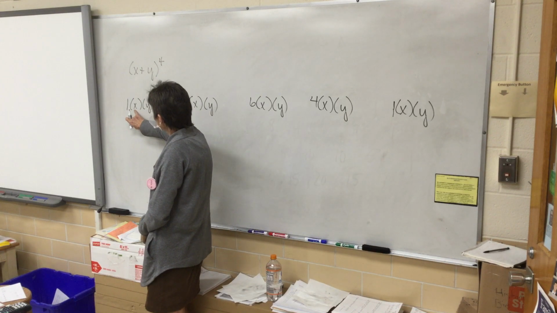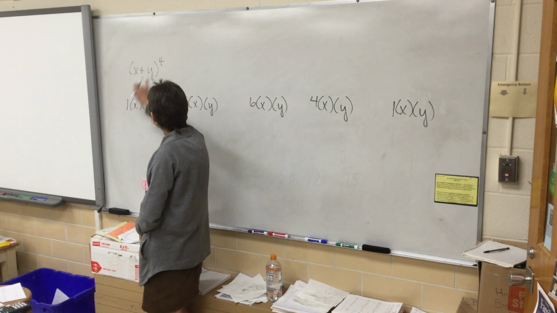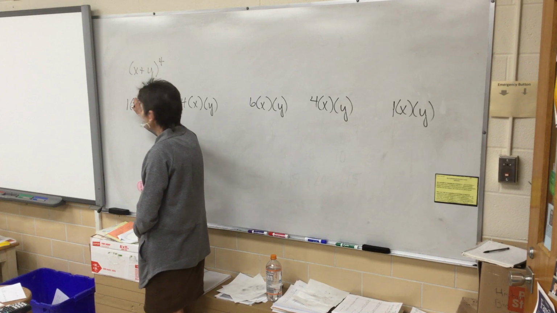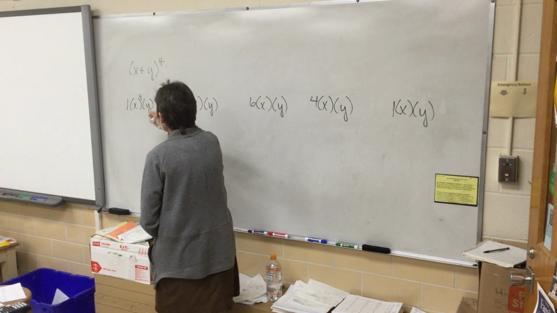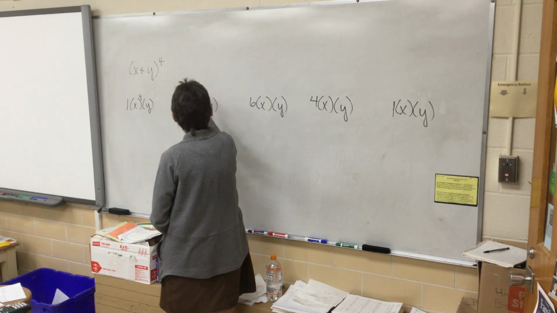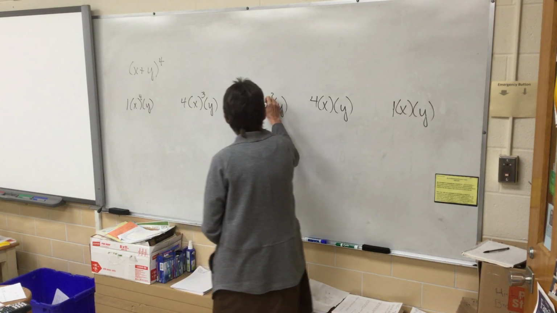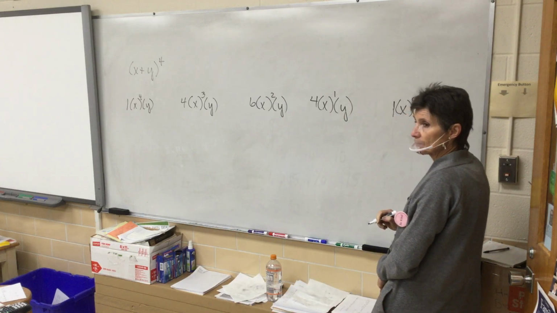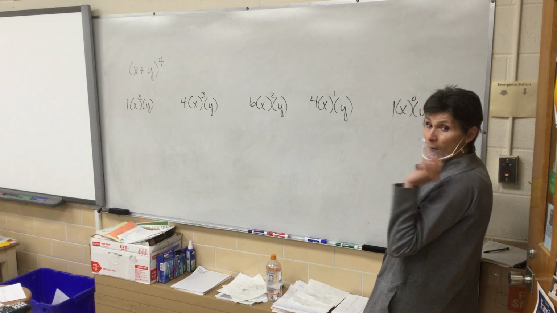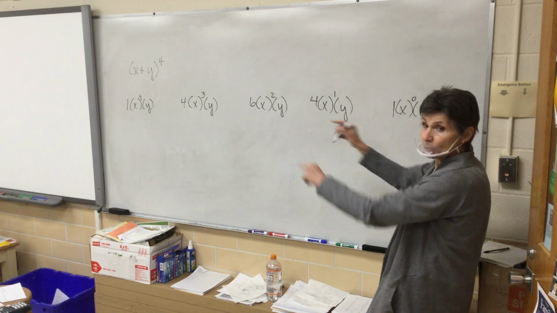On this first x, right here, put that power, so put a 4 there. And then on every x, count down. So 4, 3, 2, 1, 0. And then on the y's, go the other way.